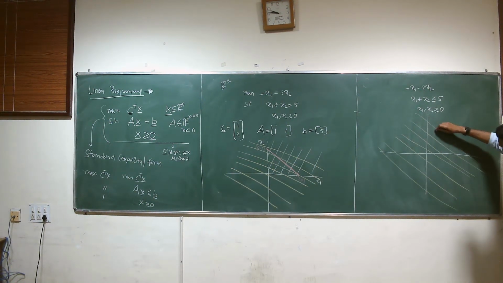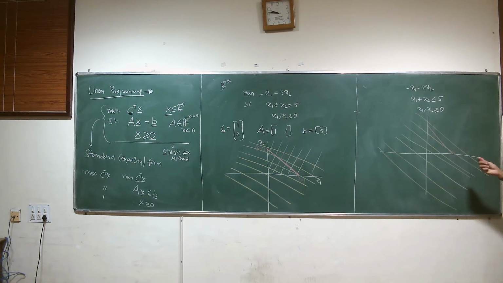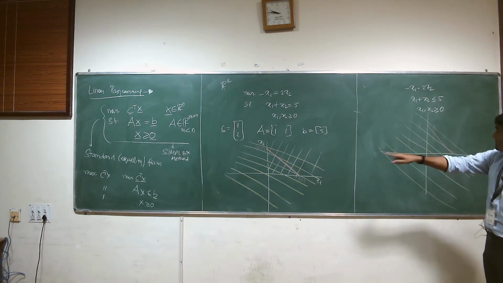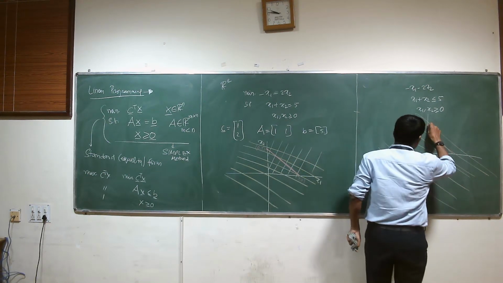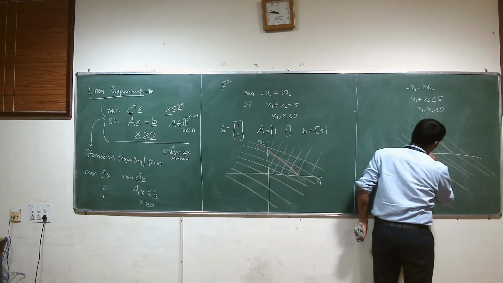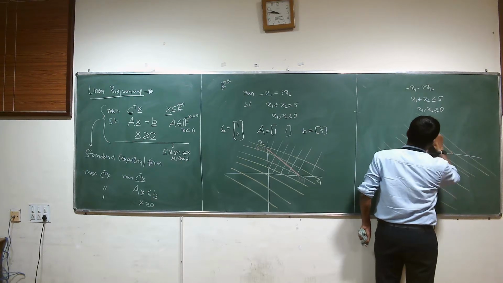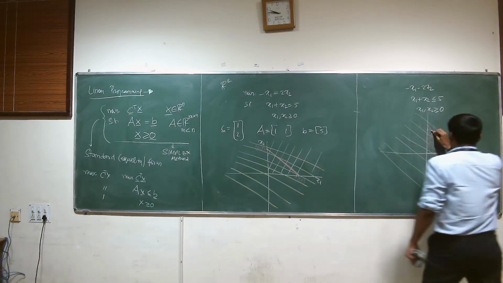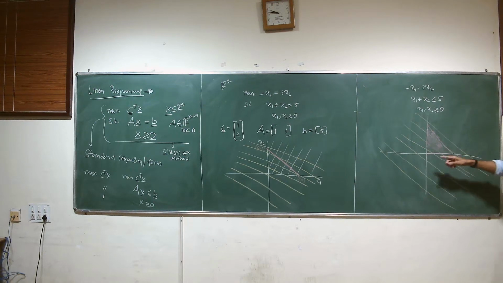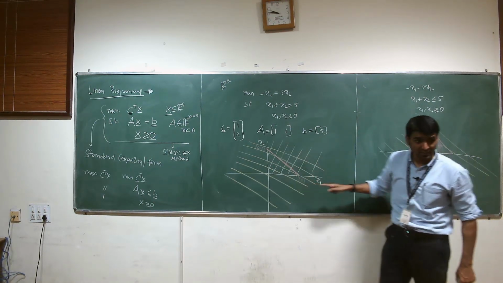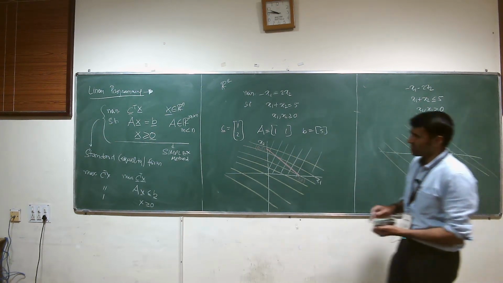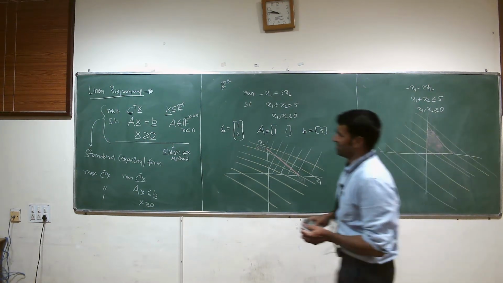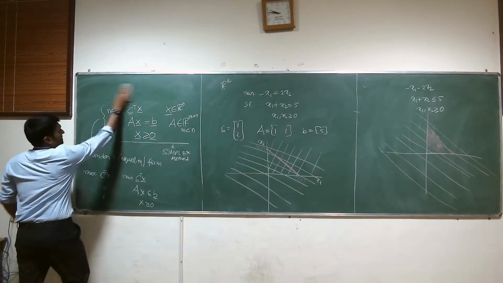You still have this line. Where can I search now? The difference between this problem and that problem is here. There you could only search along this line. Here you can search anywhere in this region. That's your feasible region. There your feasible set was just this line segment. Here your feasible region is this. I'll leave it at that.